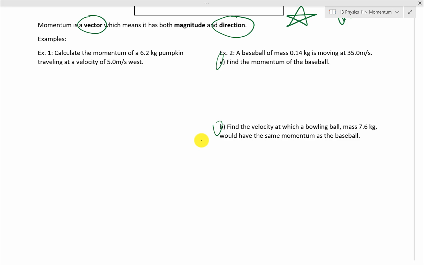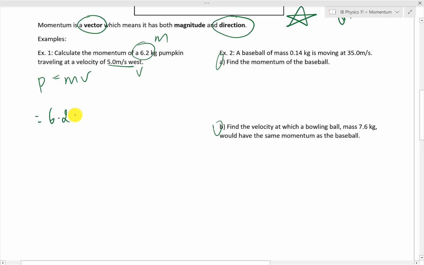First, we're going to calculate the momentum of a 6.2 kilogram pumpkin traveling at a velocity of 5 meters per second west. So here are the directions. It even says in the question. So what is momentum? Momentum is your mass times your velocity. And here we have the mass of 6.2 kilograms. Here we have the velocity of 5 meters per second west.